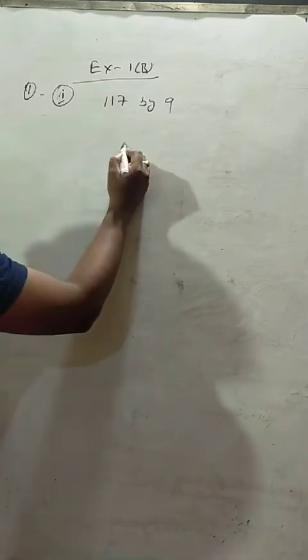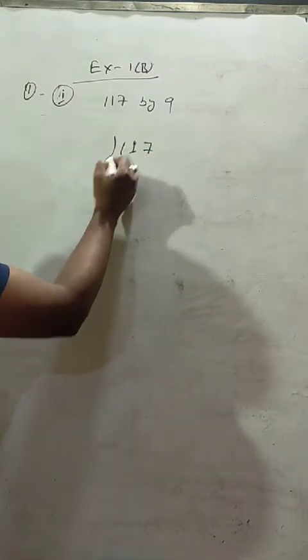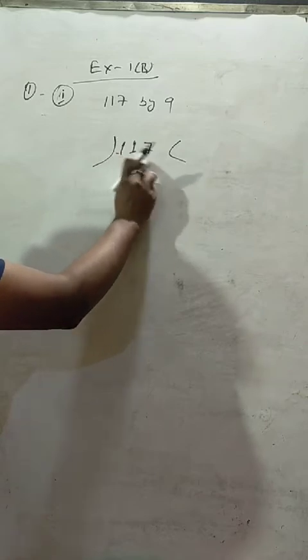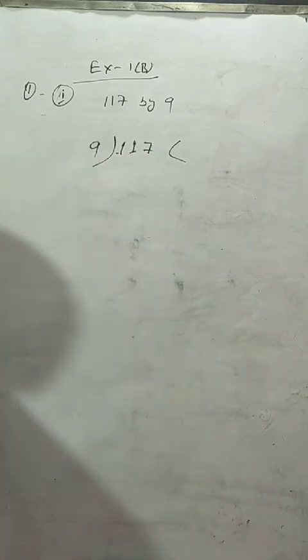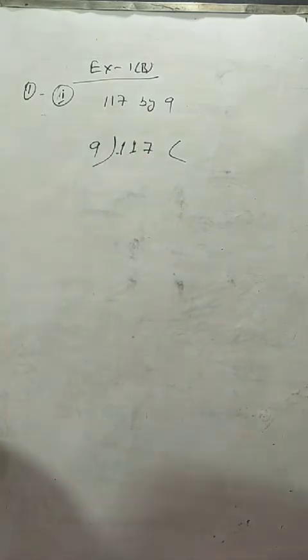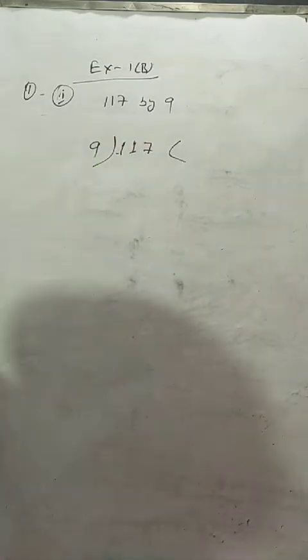The first way is 117 is the dividend and 9 is the divisor.